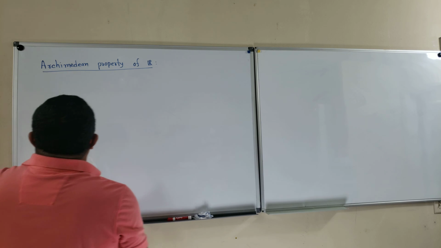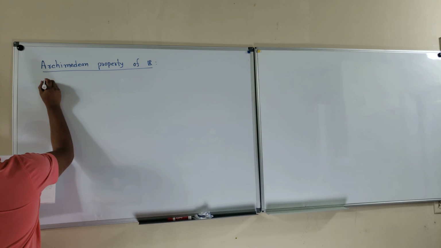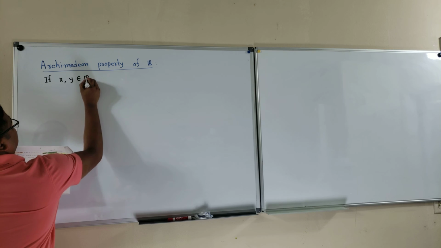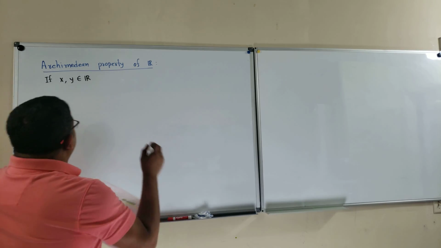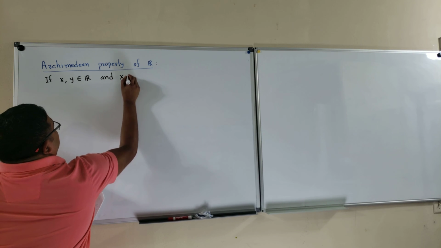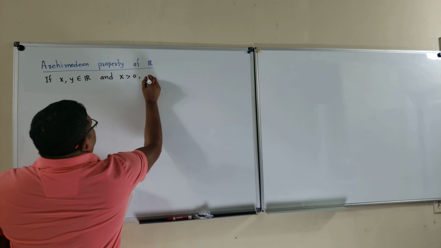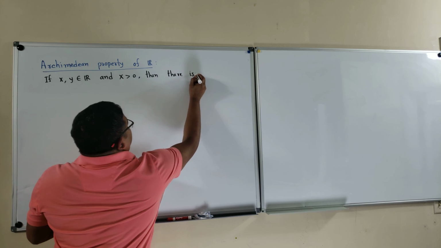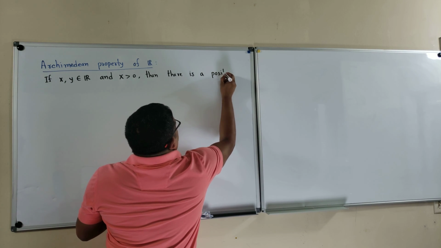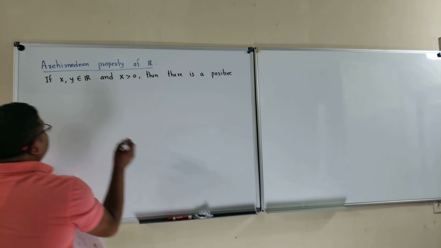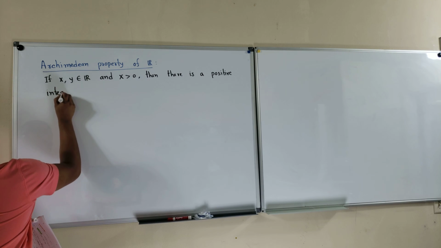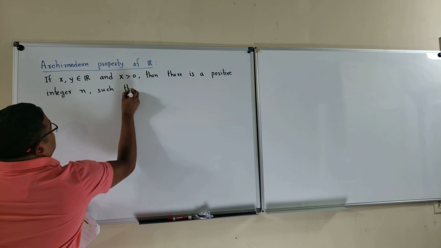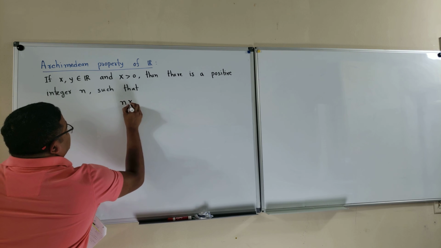If x, y are elements of R, both are real numbers, and x is more than 0, then there is a positive integer n such that nx is more than y.